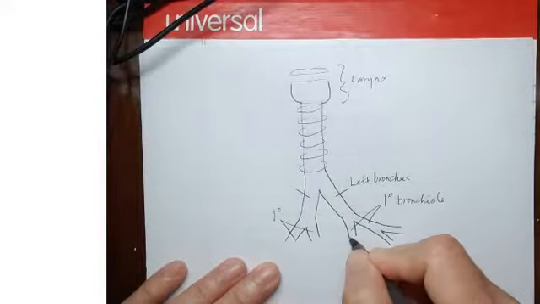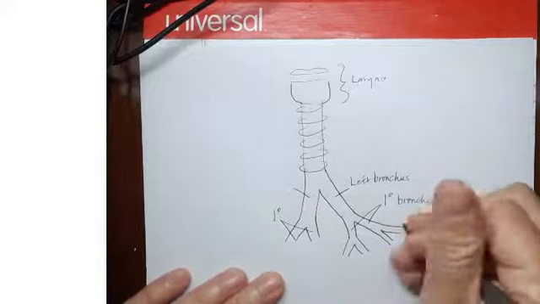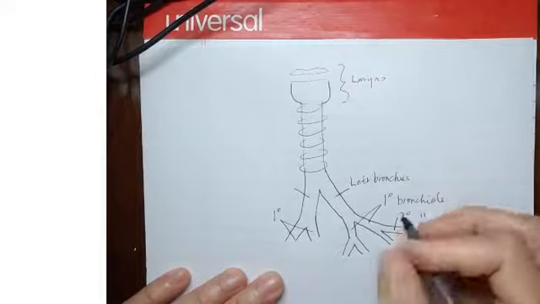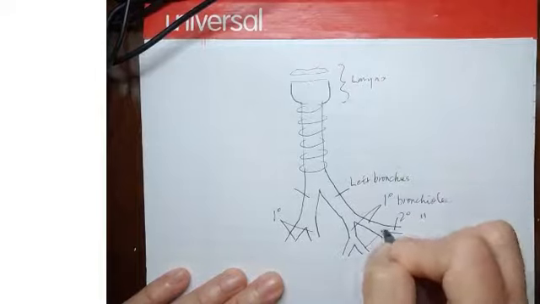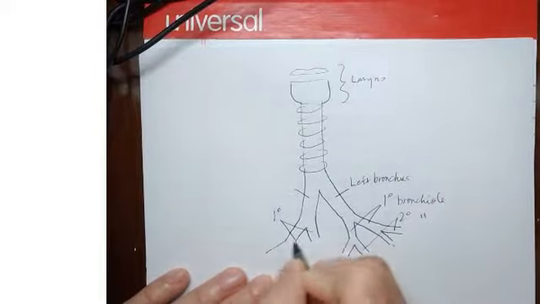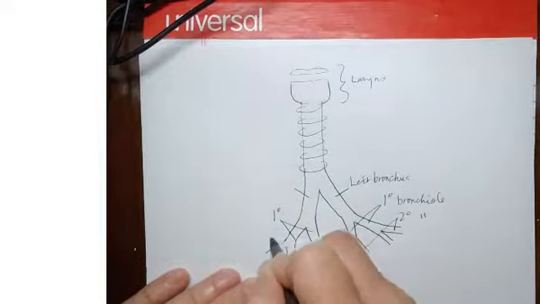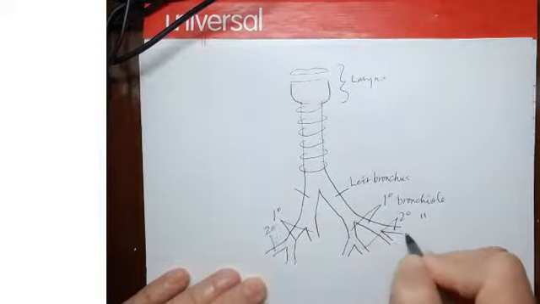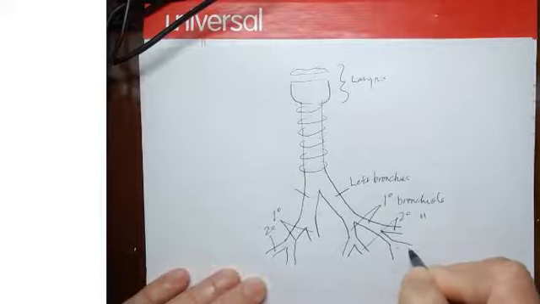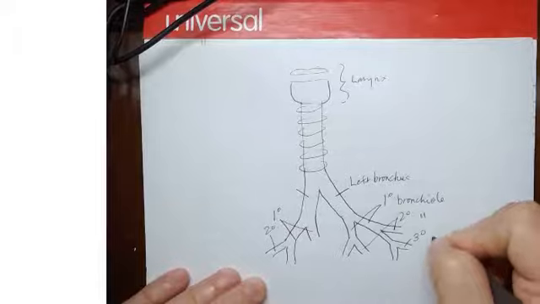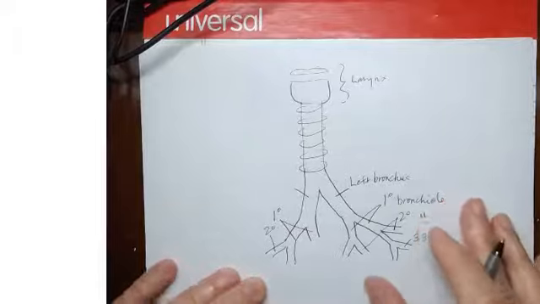And then these branch or bifurcate into the secondary bronchioles. And then from secondary, you're going to branch into tertiary bronchioles.